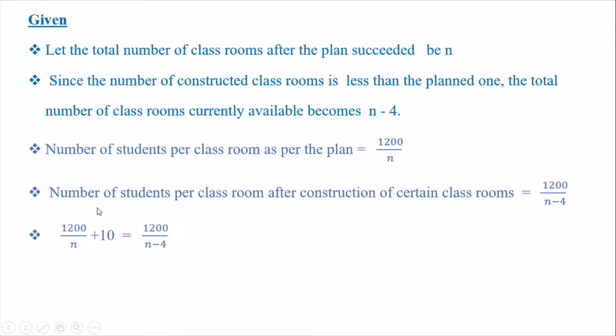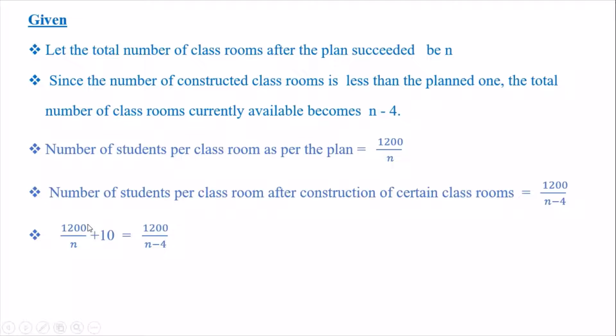In the sentence again, we are told that the number of students per class is 10 more than that of the plan, which means according to the plan, we have said that the ratio of number of students to number of classrooms was 1,200 to n, but we are told it is 10 more than this one, therefore we add 10 here.